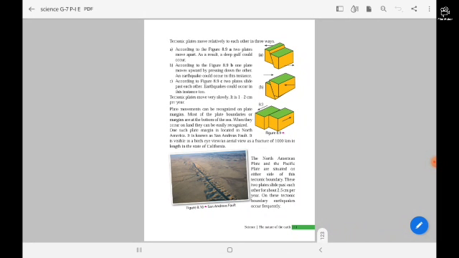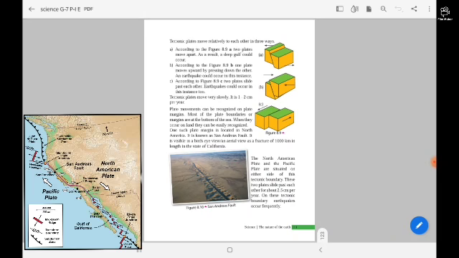It is visible in an aerial view as a fracture 1,000 kilometers in length in the state of California.